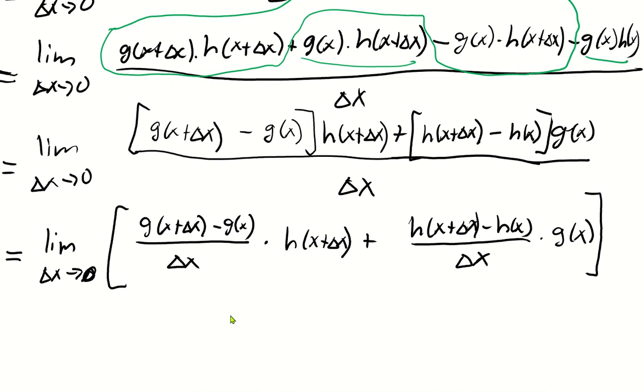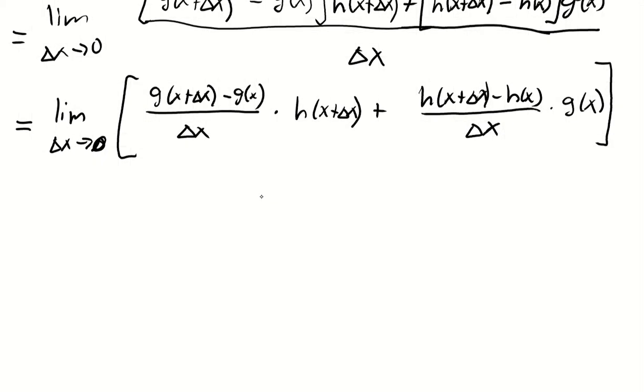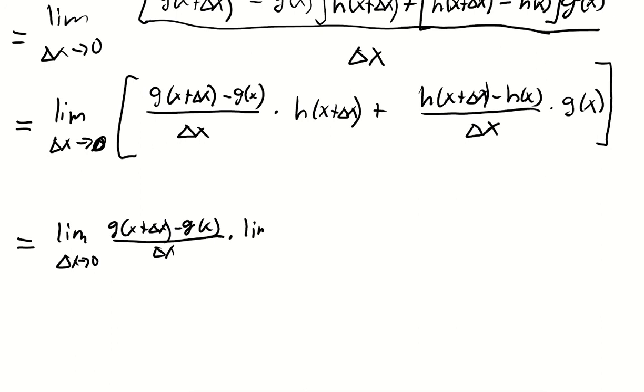Then we can distribute now the limit. So we have here the limit of g of x plus delta x minus g of x all over delta x, as delta x approaches 0, multiplied with the limit of h of x plus delta x as delta x approaches 0.